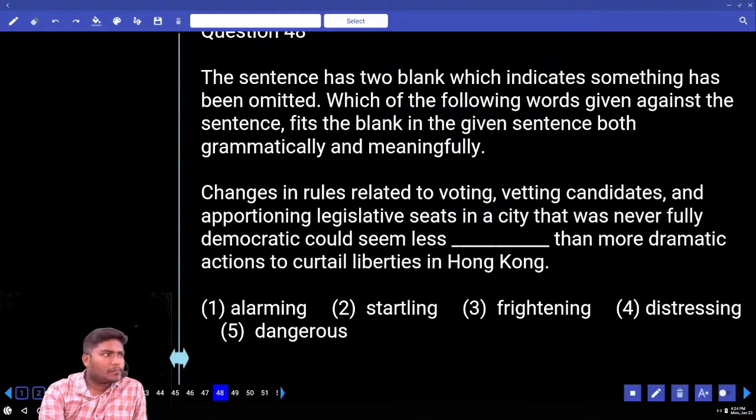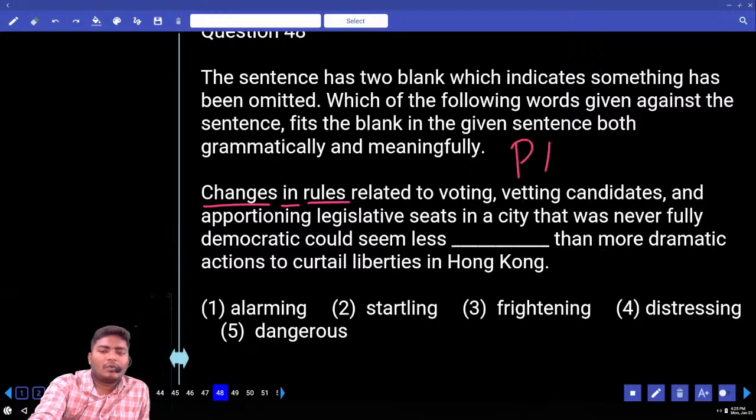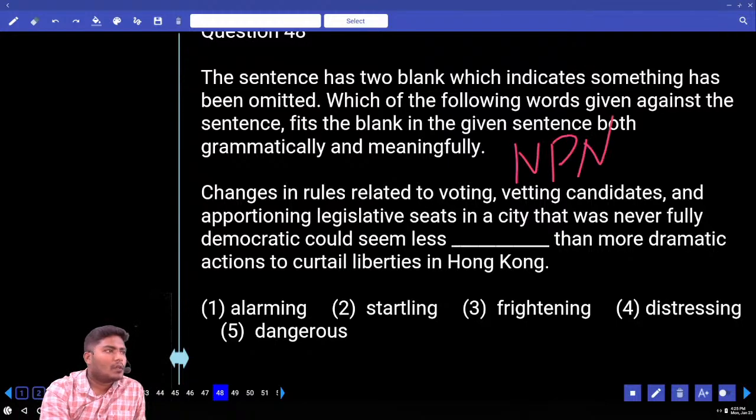Fast. What is the subject first? What is given after that? Preposition. What is there after that? Noun. Do you remember the rule of NPN? What is that NPN? Noun, preposition, noun. Does the verb agree with the first noun or the second noun? First noun. Remember this rule.